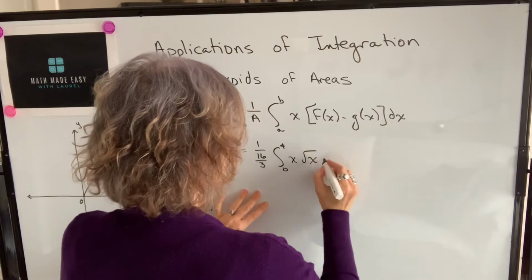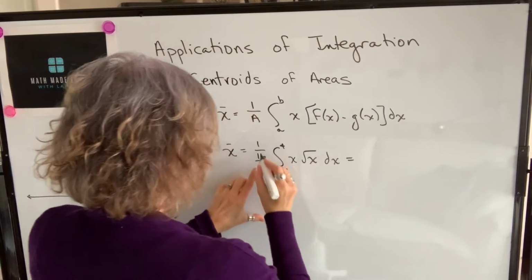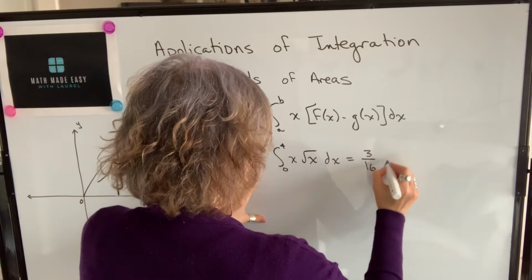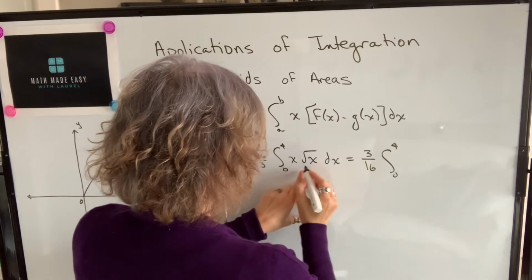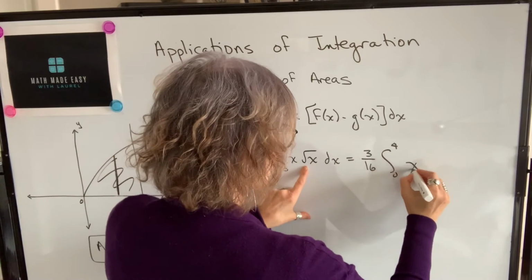The width of the rectangle is dx. So that will be 3/16 times the integral of x times x to the 1/2, which will be x to the 3/2.